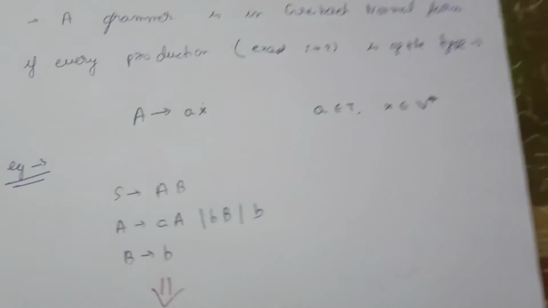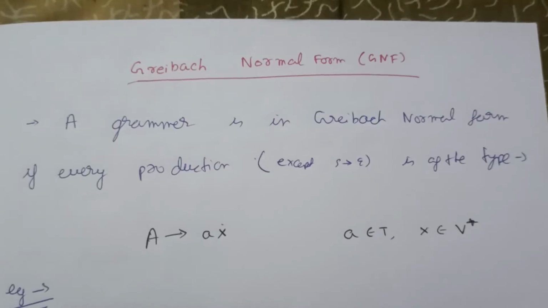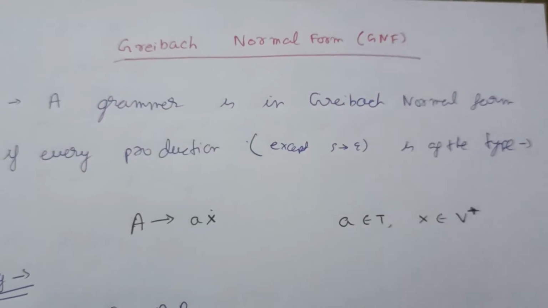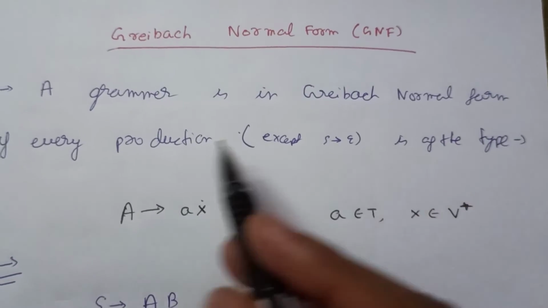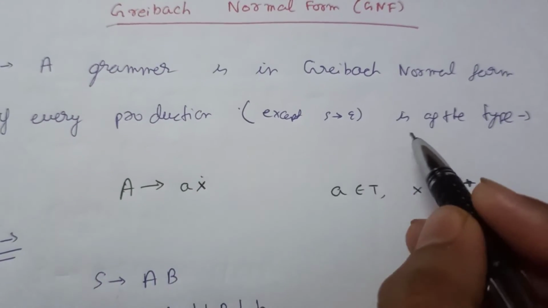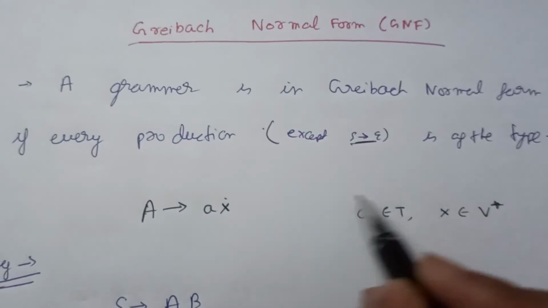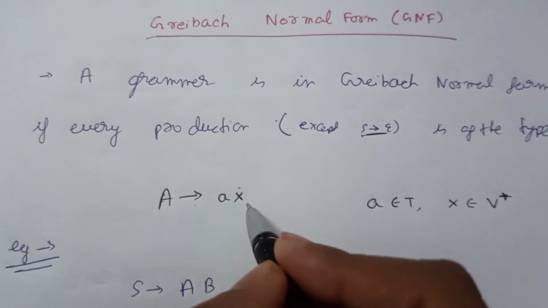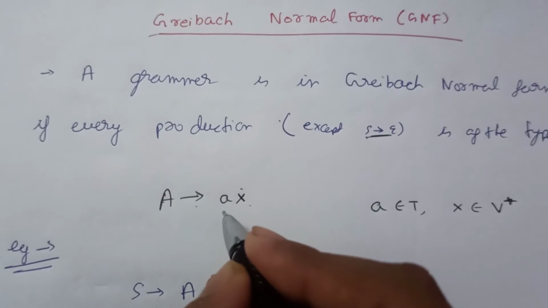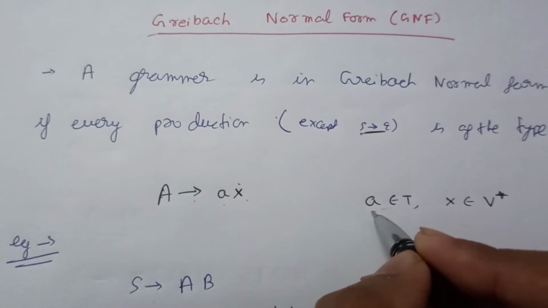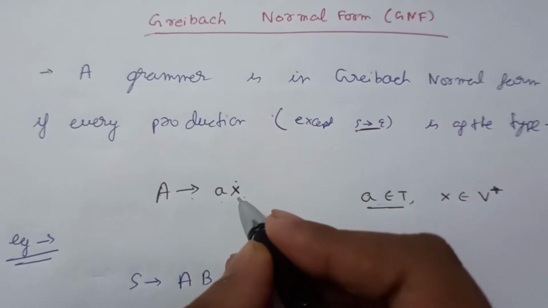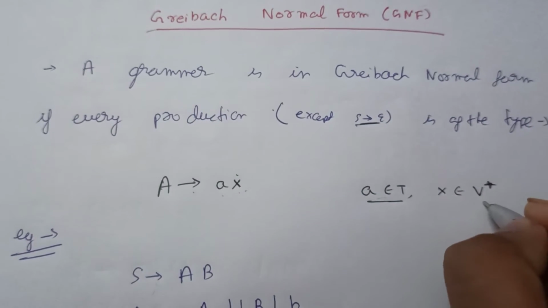Now let's check what Greibach normal form is and how to write it. A grammar is said to be in Greibach normal form if every production, except S to null, is of type A to aX. Here a is a terminal, but X is a combination of variables.